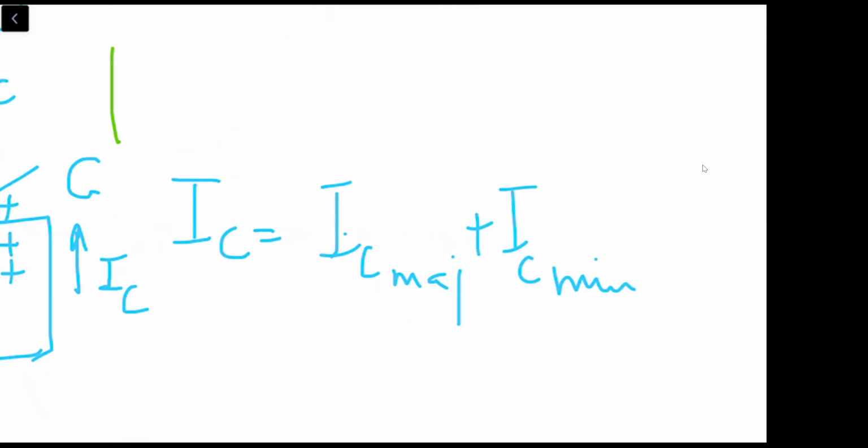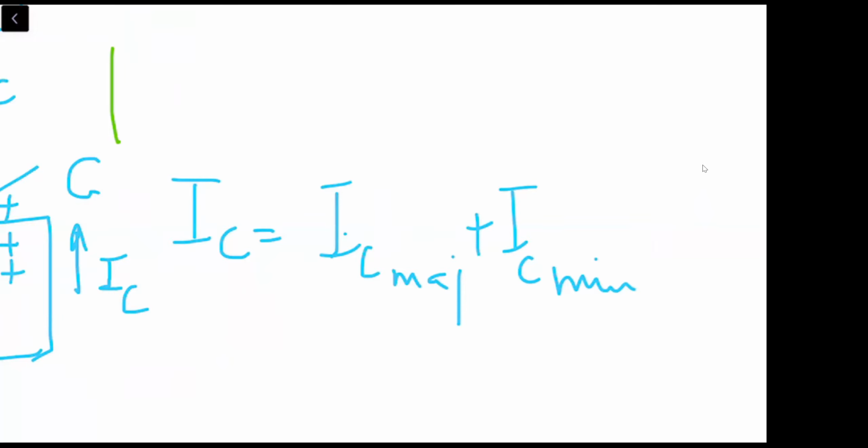So this means that the collector current is actually the combination of the minority carriers as well as the majority carriers, right?